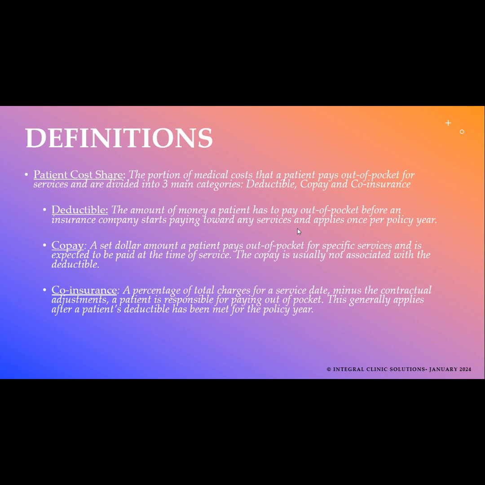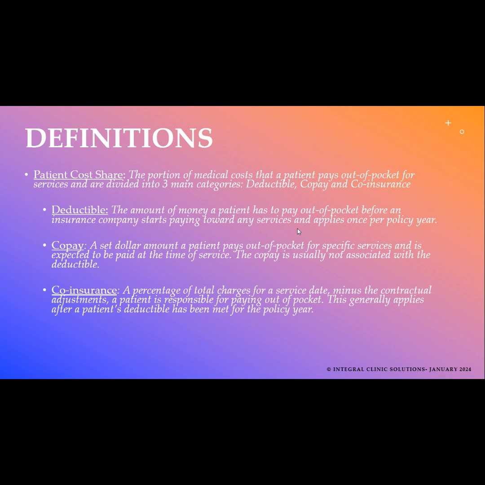Now, before we jump to coinsurance really quick, I also want to mention about copays that there's different levels of copays now. There used to only be like one or two, but it's getting more complex. And a lot of times there's at least two, if not three or four levels of copay, depending on the type of provider that the patient is seeing. If they're seeing a primary care doctor, it's usually the cheapest copay.